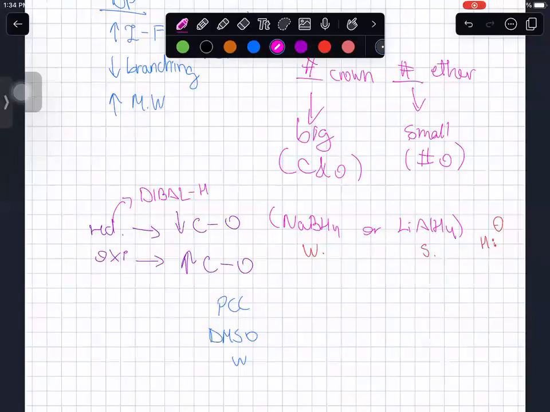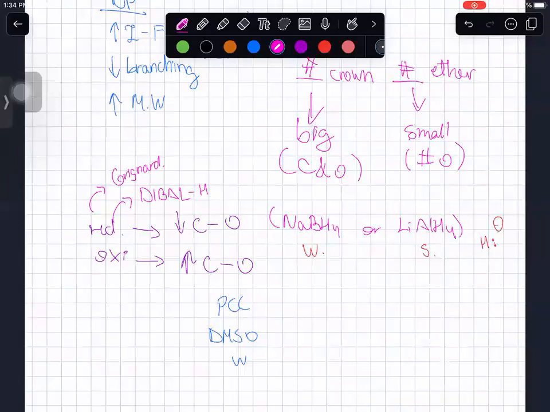Grignards. It's the one with MgBr, exactly. That goes away and you're left with a nucleophile that has a negative charge. So that's going to be attacking.